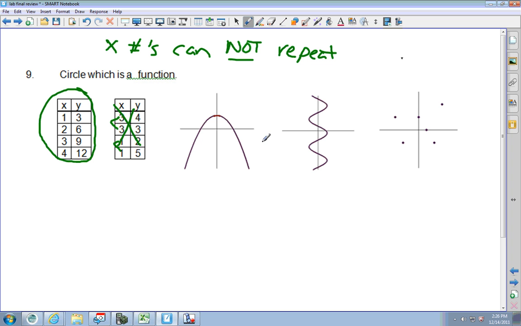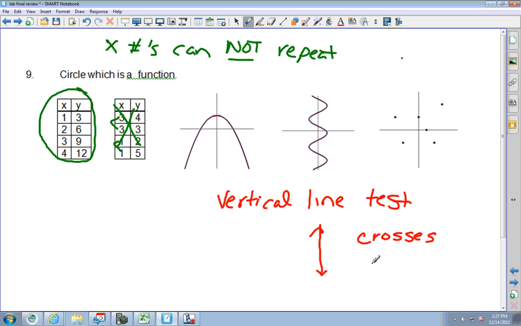Now on graphs, what we need to do is look and see if the x's don't repeat. We're going to do what's called the vertical line test. That means we're going to draw a vertical line, and if it crosses our line, our function, in more than one spot, it is not a function.